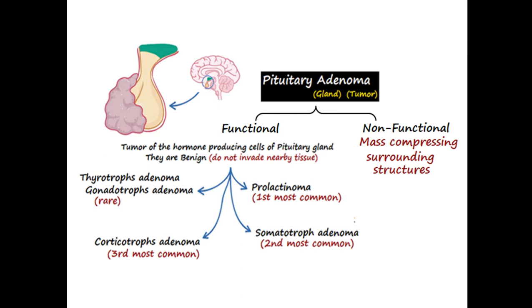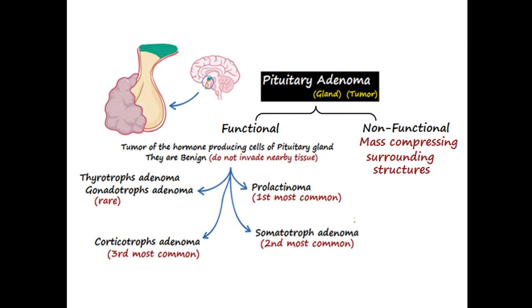The second most common adenoma arises from the somatotroph cells and produces growth hormone. Growth hormone, when secreted in excess in a young person whose bone epiphyses have not yet closed, will result in the condition known as gigantism, abnormally long stature.